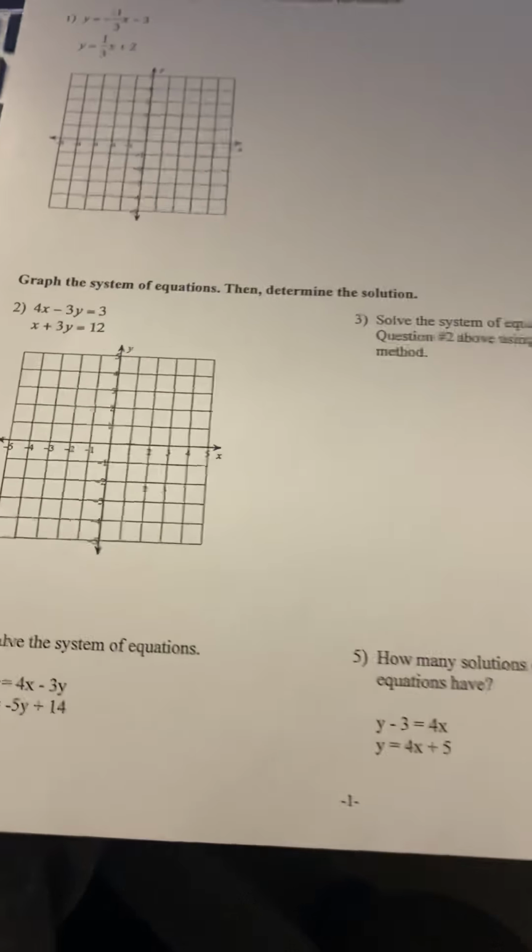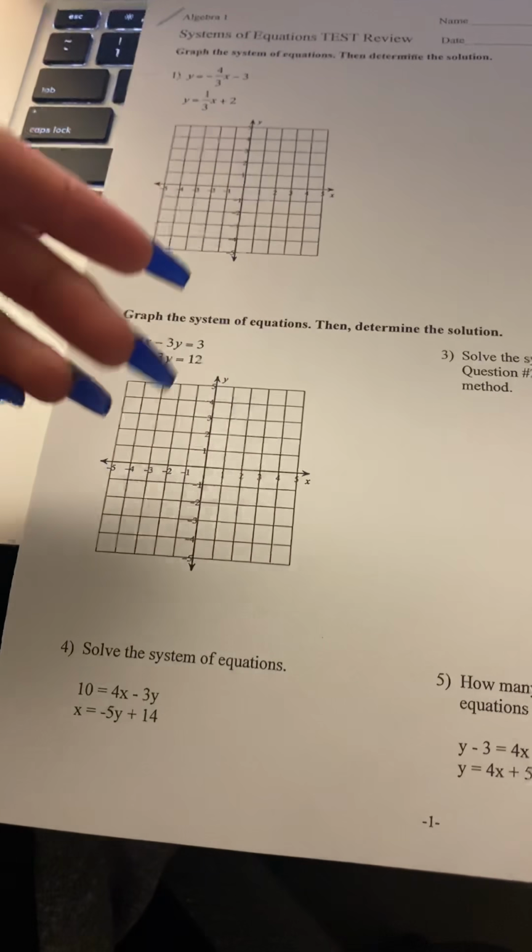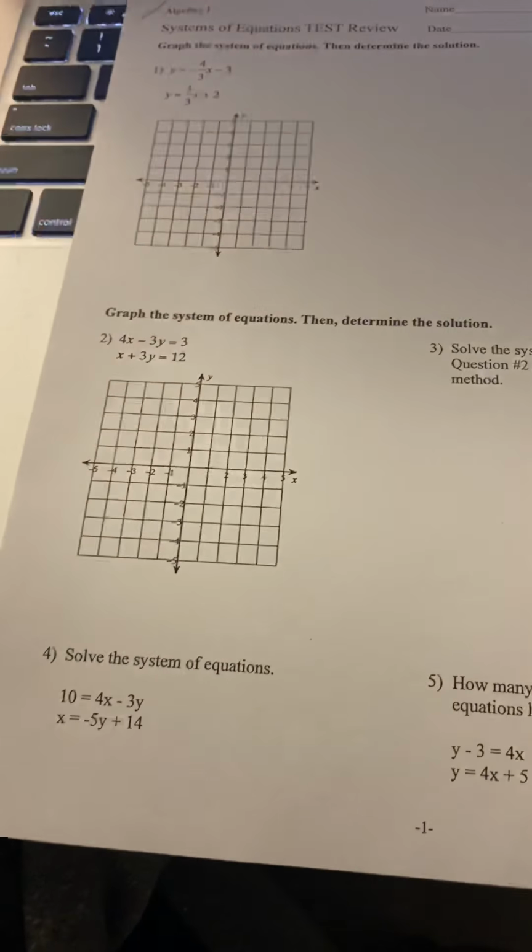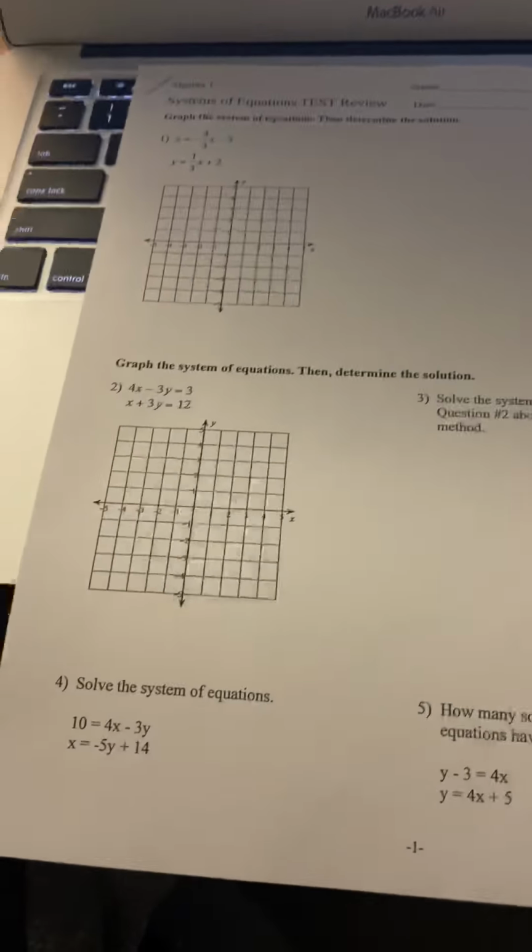If you need help with that, go ahead and look on this review, you can use any type of instruction that you want. You can use your notes, your instruction, any of your assignments. You have to solve for y here, put these equations in y equals mx plus b form to be able to graph them and figure out where they intersect. All right, that's what you do on number 2.